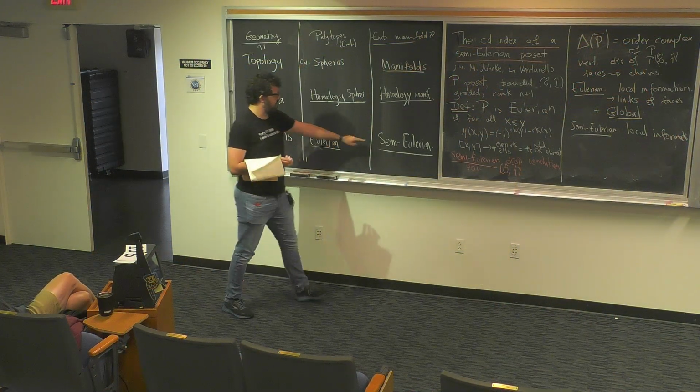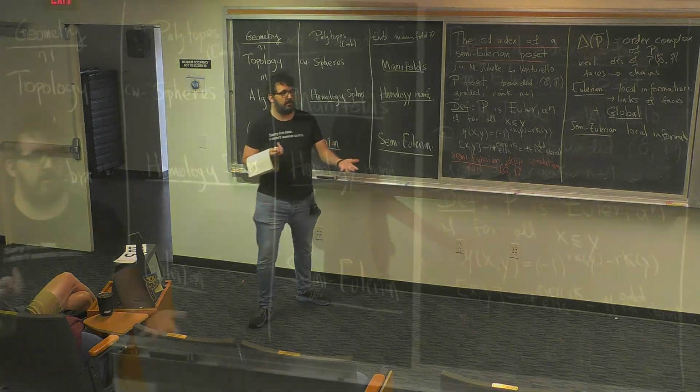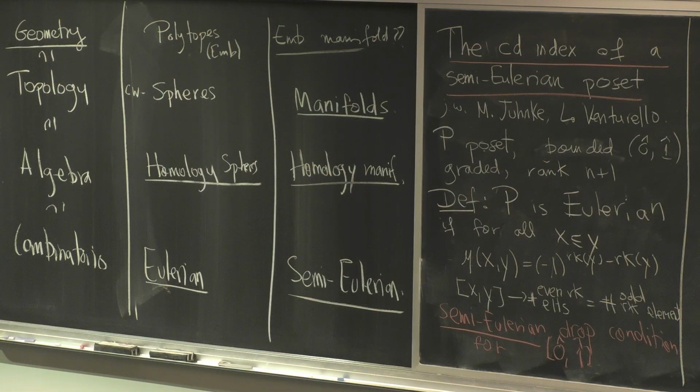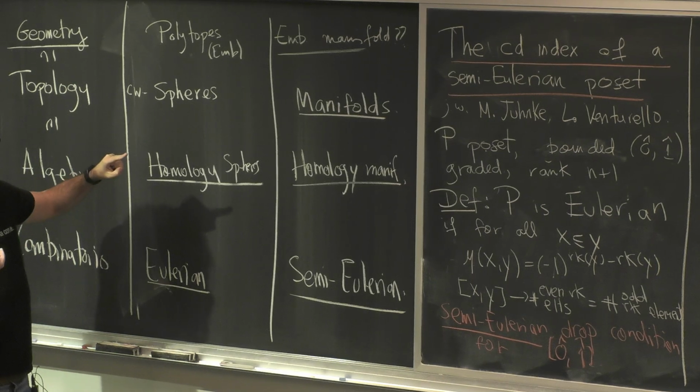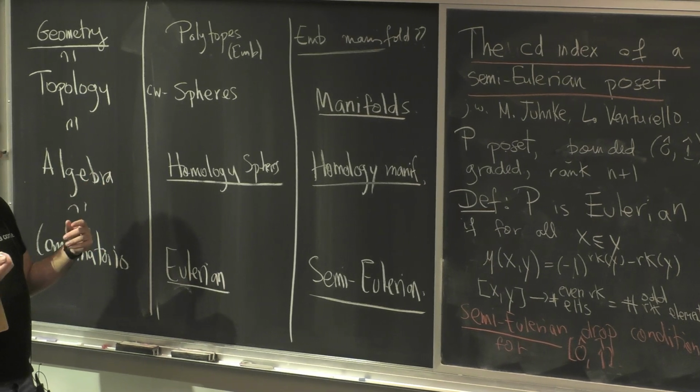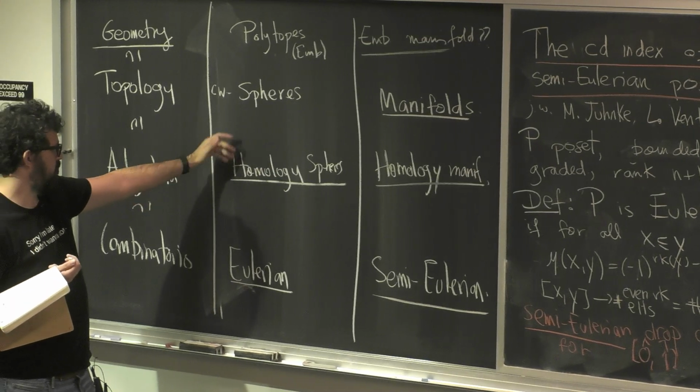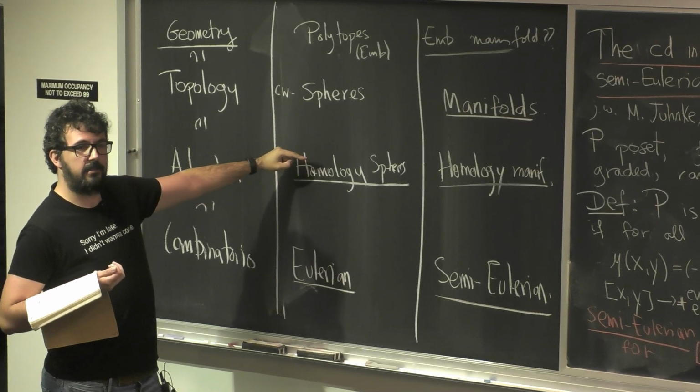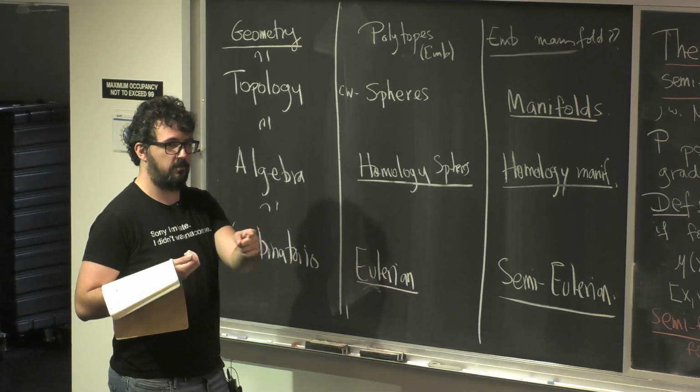It's dumb enough. Let me tell you one thing that happens. I'm telling you that this is the Euler characteristic, and now let's think of an odd-dimensional manifold that is not a sphere. By Poincare duality, it has symmetric Betti numbers.